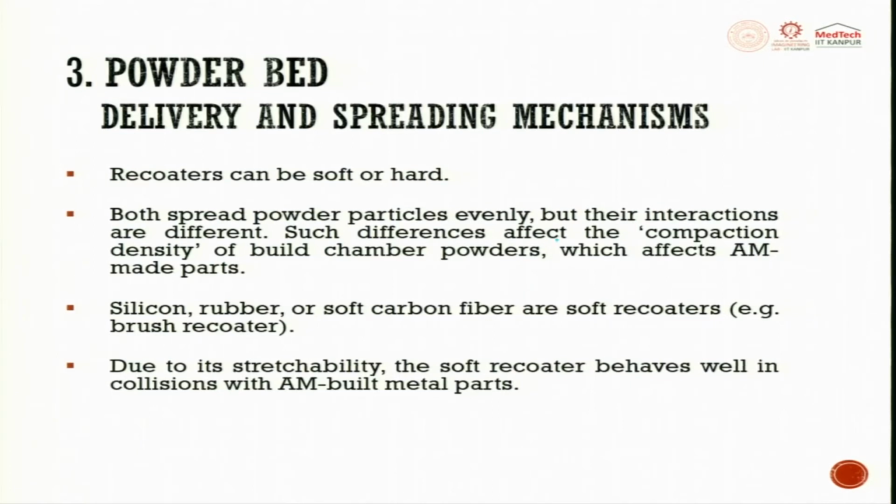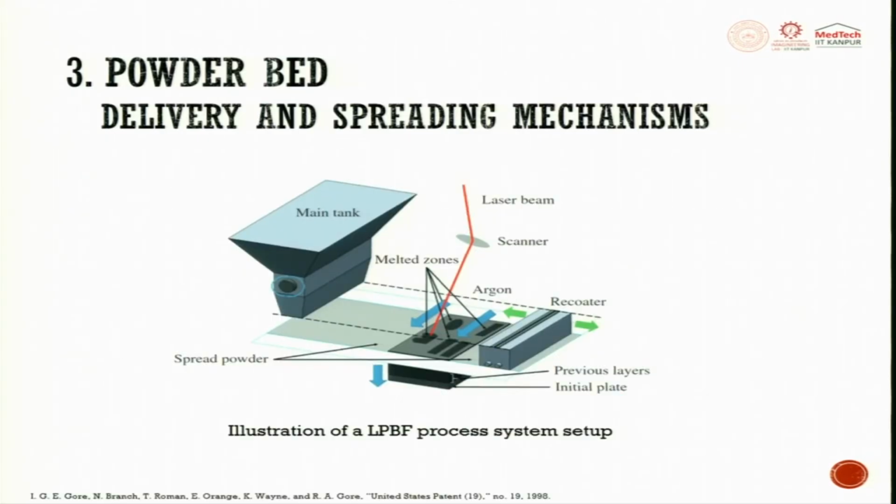Such differences affect the compaction density of the build chamber powder, which affects the additive manufactured part. Silicon, rubber or soft carbon fiber are often chosen for soft recoaters. Due to their stretchability, soft recoaters behave well in additive manufacturing while building parts.